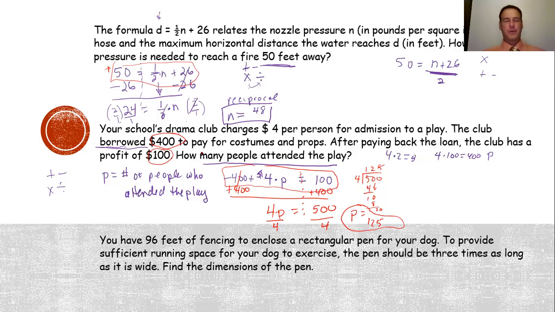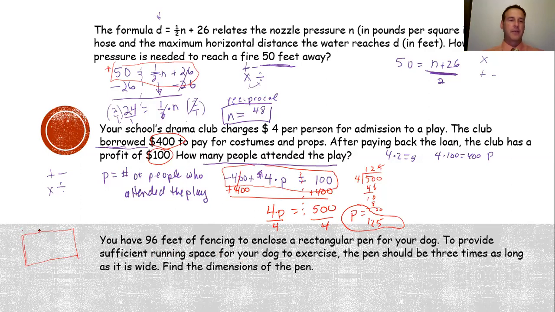All right, here's the last one. It says you have 96 feet of fencing to enclose a rectangular pen for your dog. Rectangular pen. To provide sufficient running space for your dog, the pen should be 3 times as long as it is wide.